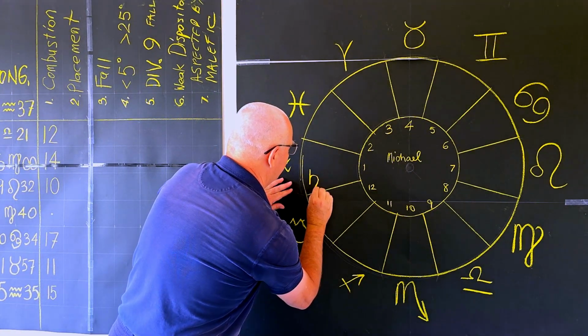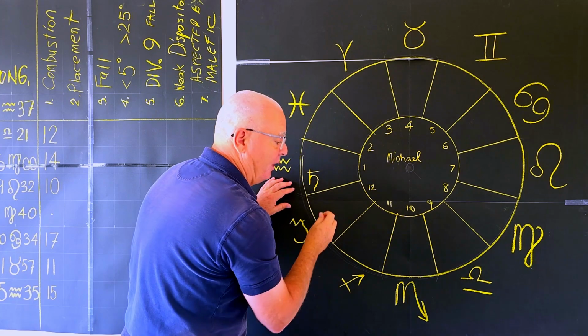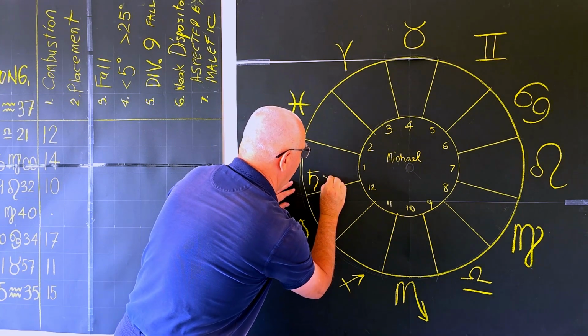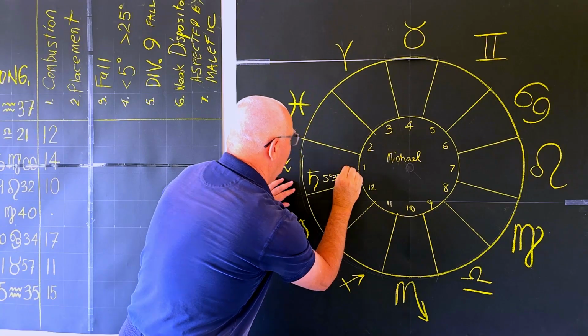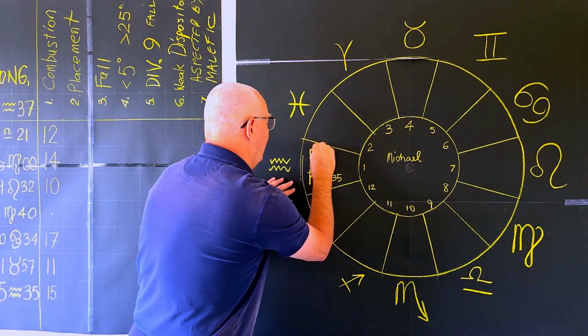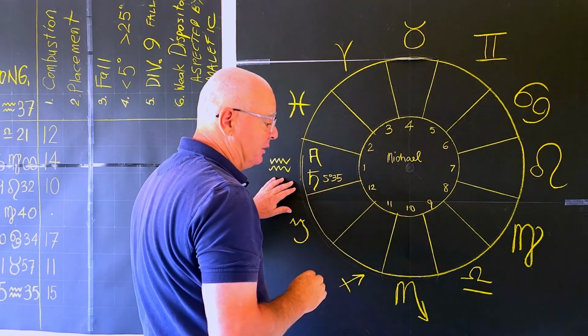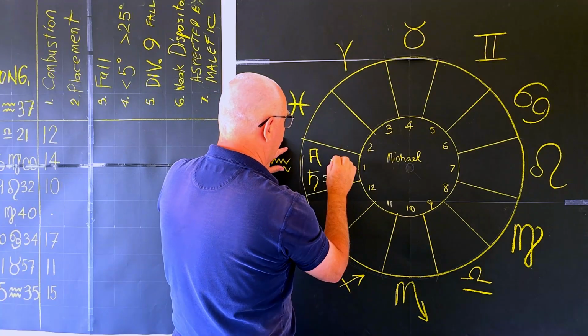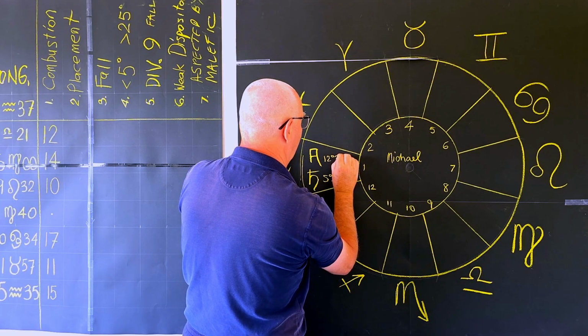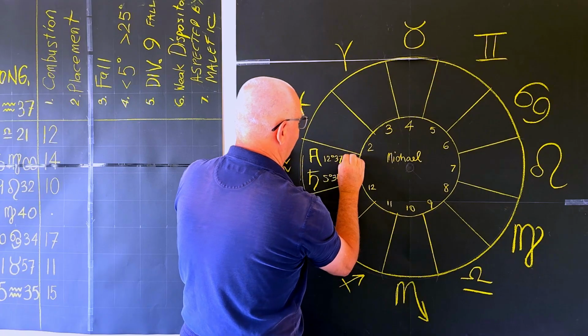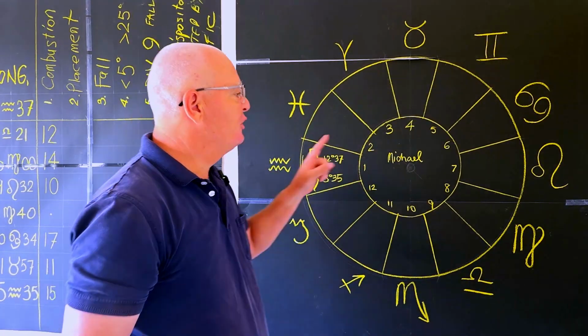Here is Saturn in Aquarius at 5:35. The ascendant is here at 12 degrees 37. I'll use this today.